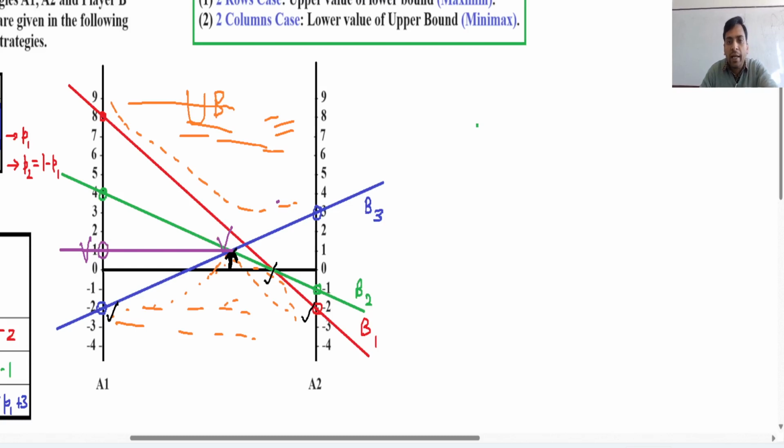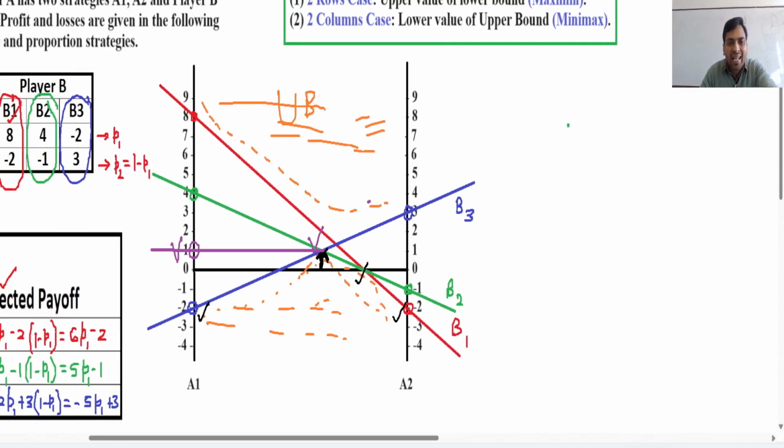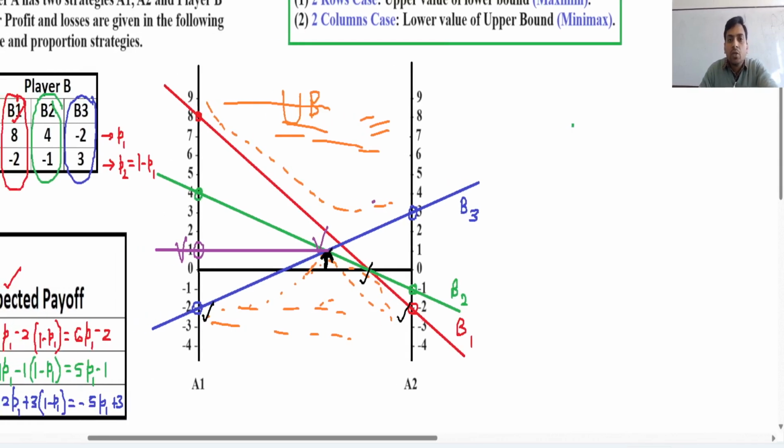Now, how will you identify whether this is correct, the exact value of game? So we will see this point is the intersection of this blue line and this green line. This means this is the intersection of this B2 strategy and this B3 strategy.